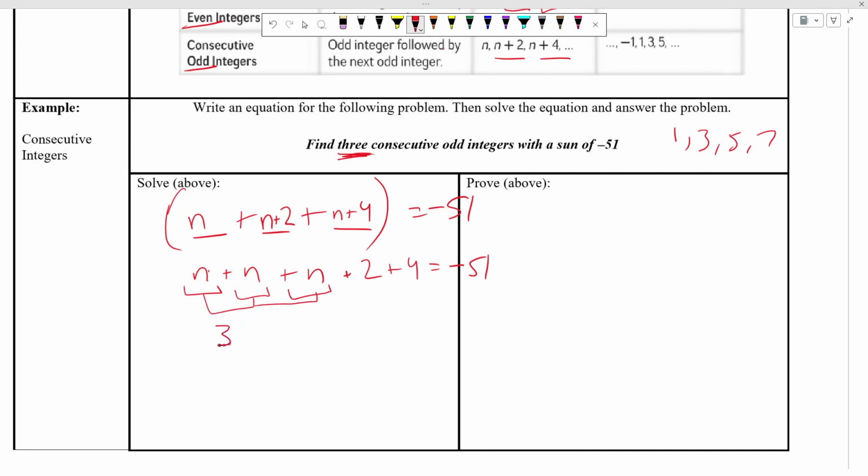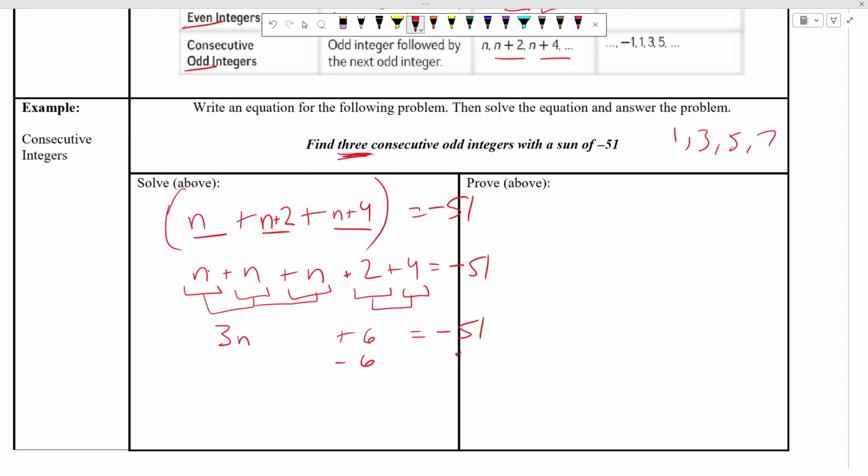So now I have three n's, and these numbers have no associated variable, so I can combine those. Now I have 6 and negative 51. Now this looks a little bit more like what we did earlier with our multi-step equations. This looks a little more manageable, a little more solvable, you would say. So let's go ahead and try that.